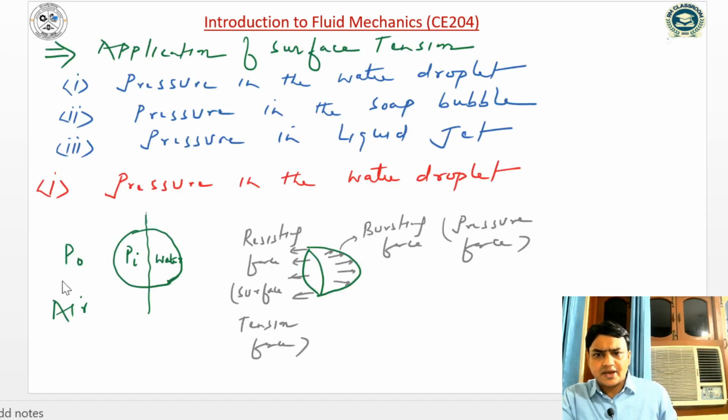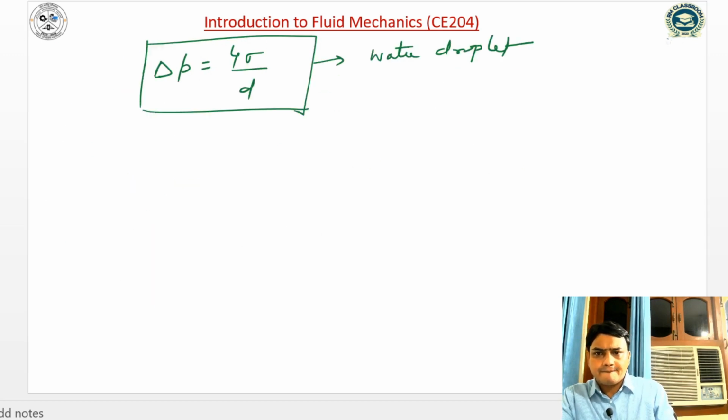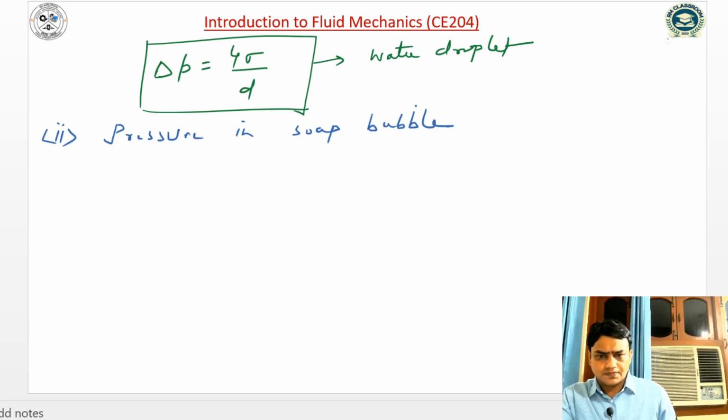Let us take another application, that is the pressure in a soap bubble. The best example of a soap bubble is when you put detergent in a bucket, there is formation of bubbles, that is the soap bubble.